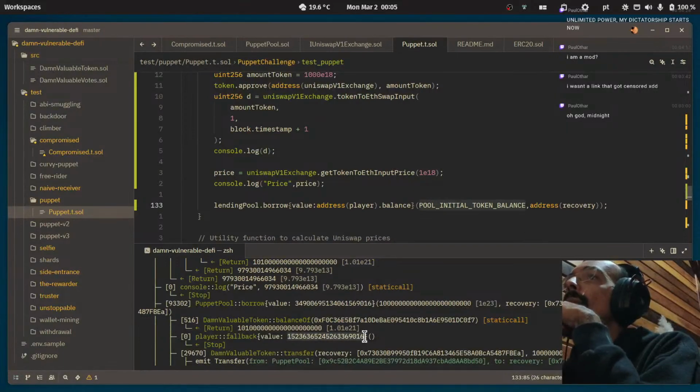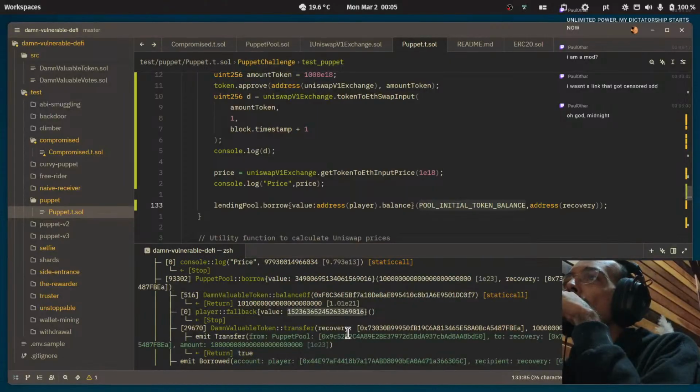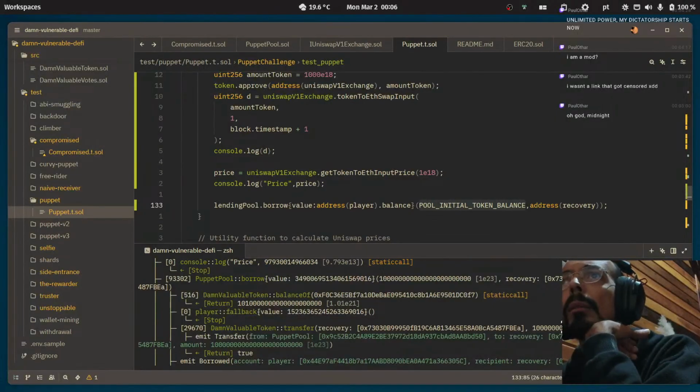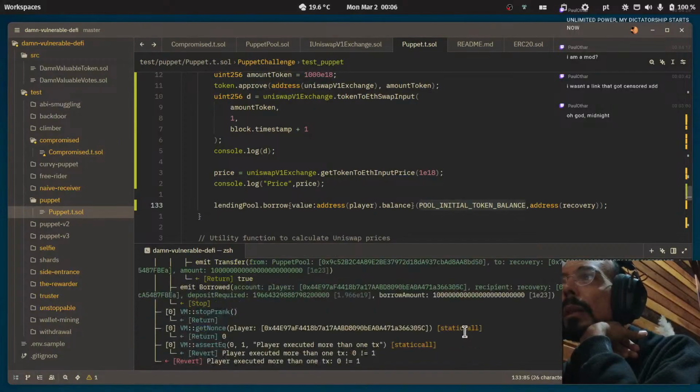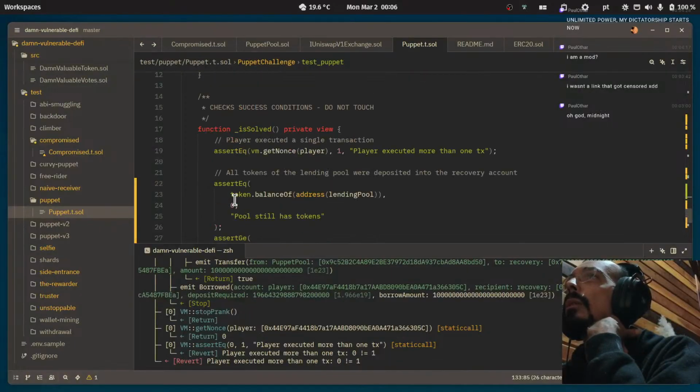Okay, I received some exchange here. Okay, they did the transfer. Wait. That's our tokens. Wait a second. Wait, we took the token.